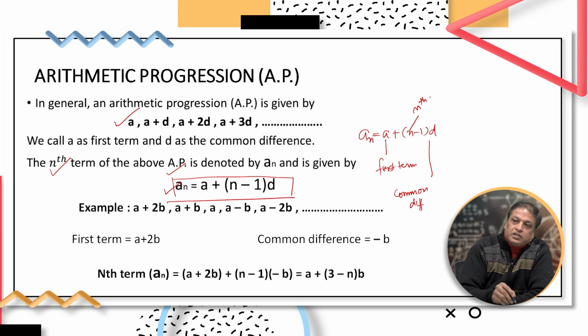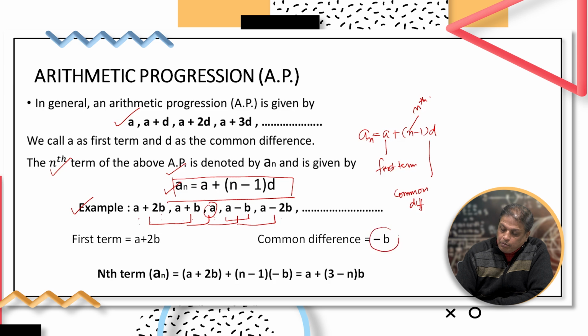Now let's understand this expression with the help of a simple example. We are given an arithmetic progression a plus 2b, a plus b, a minus b, a minus 2b. Looking at the pattern, we are continuously subtracting the value b, because a plus 2b minus b will be a plus b, a plus b minus b will be a, and a minus b will be a minus b. So the common difference is minus b, and the first term is a plus 2b.